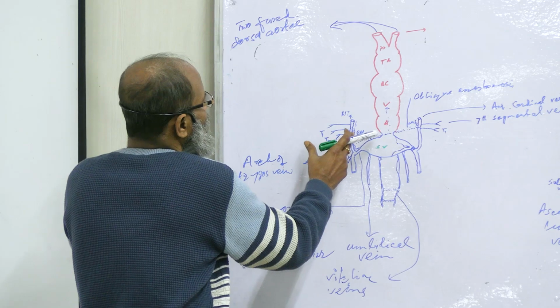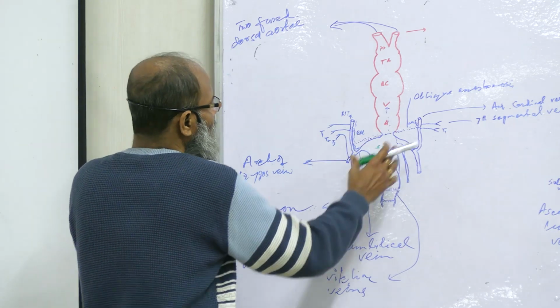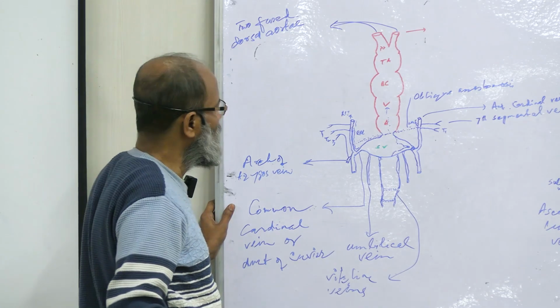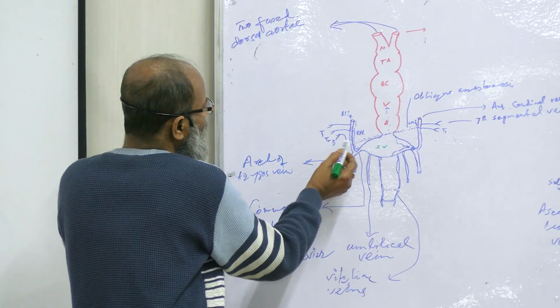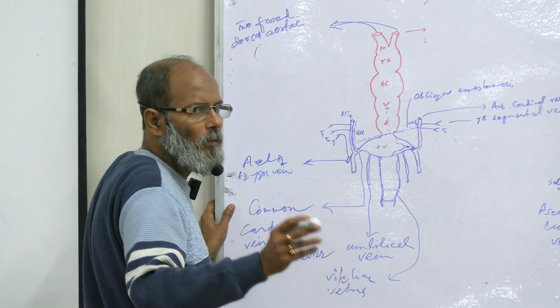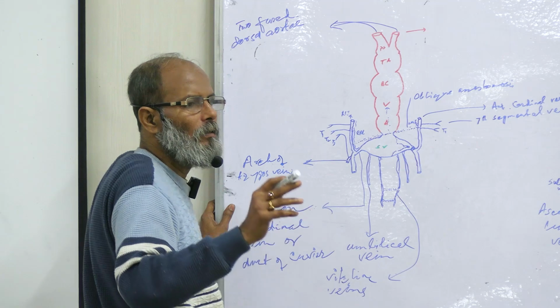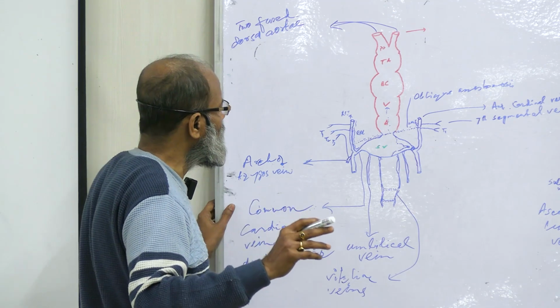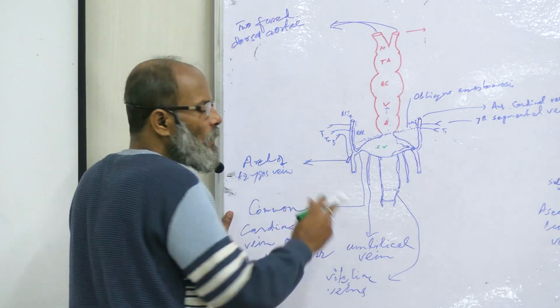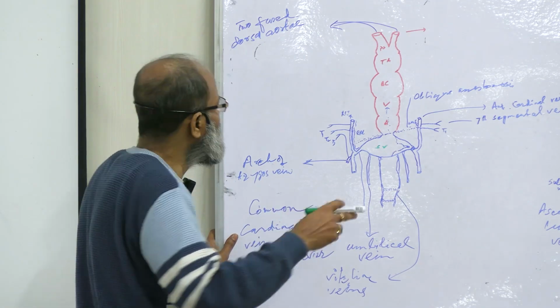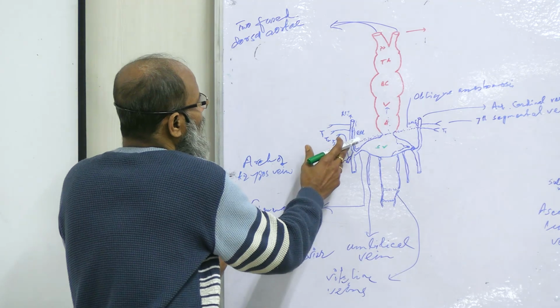This one is the right brachiocephalic vein and this one is the left brachiocephalic vein. And the lower part of it, in two segments, is the superior vena cava. The part in the duct of Cuvier is the intrapericardial part, and beyond that is the extrapericardial part.